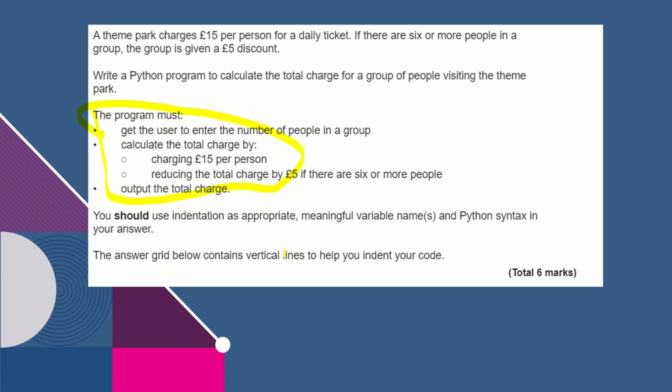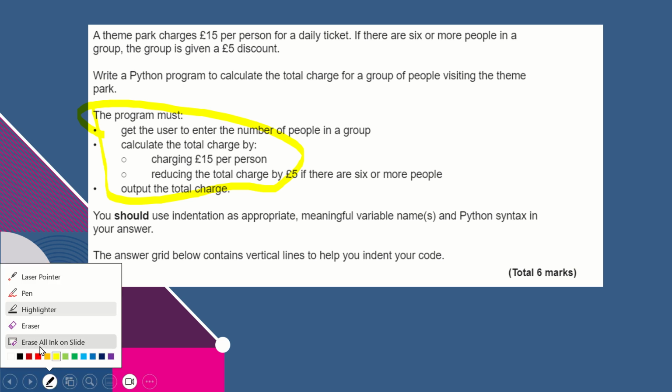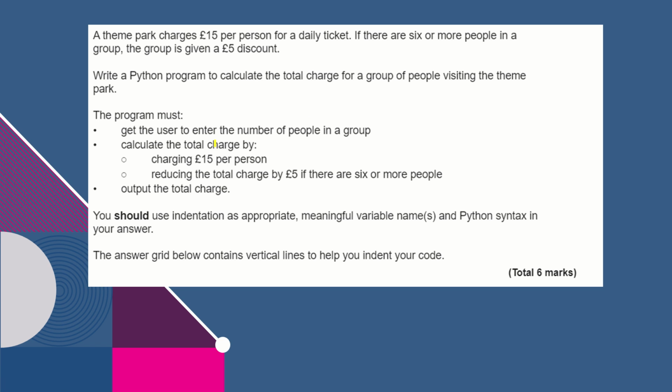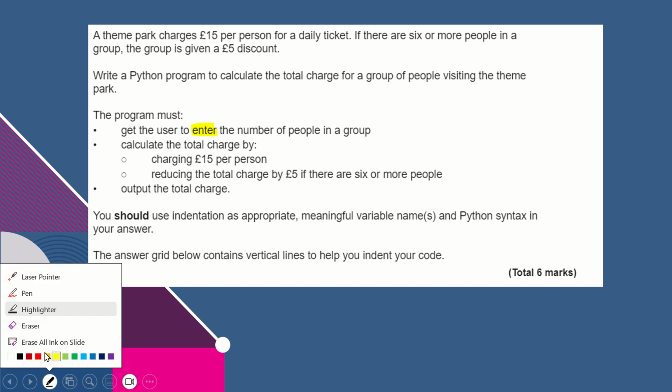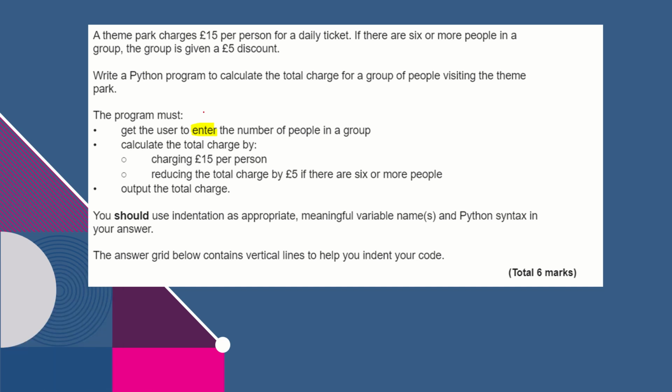Inside that part, you're looking at "get the user to enter". Whenever there is "enter", it simply means you're looking for the word input, so you're going to write an input statement.